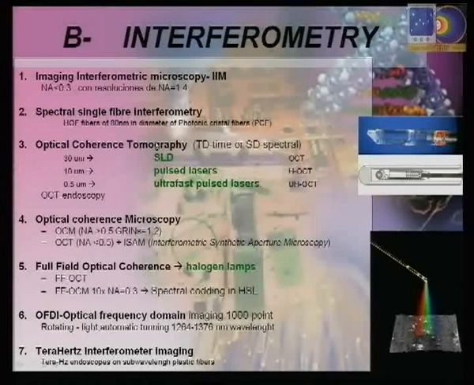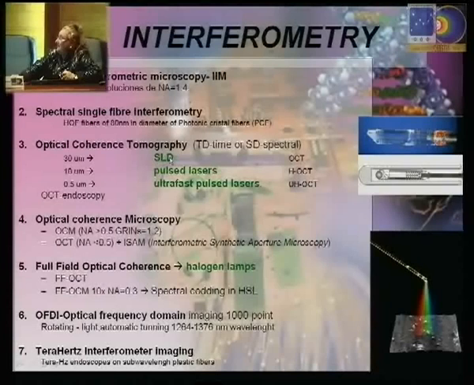Optical coherence tomography, as you have seen in the previous talks, has improved a lot, mainly through the type of light source, from superluminescent diodes to pulsed lasers and ultrafast pulsed lasers.